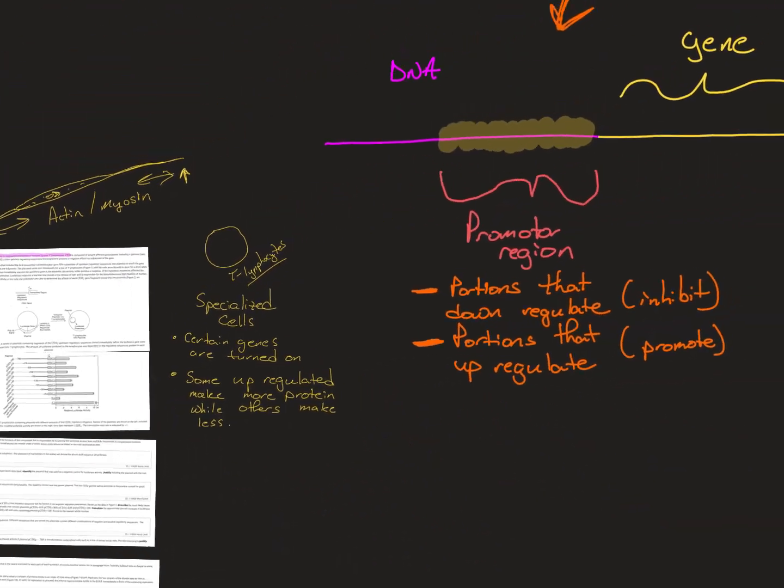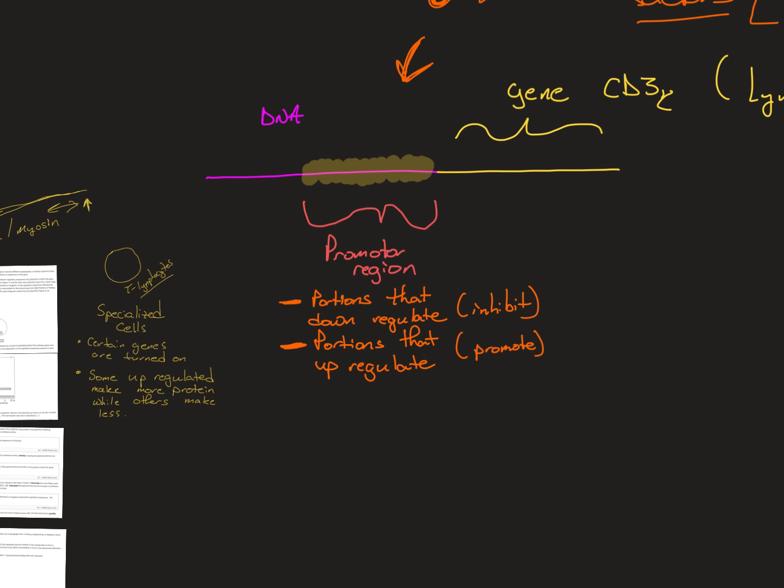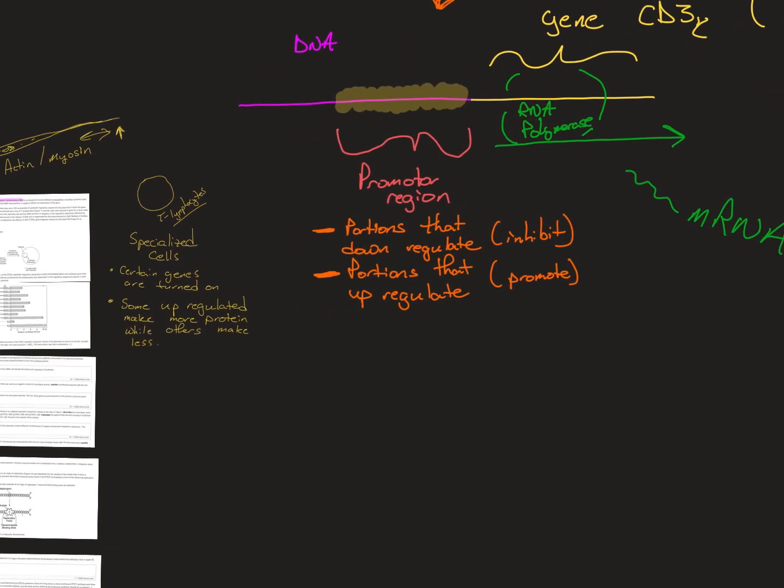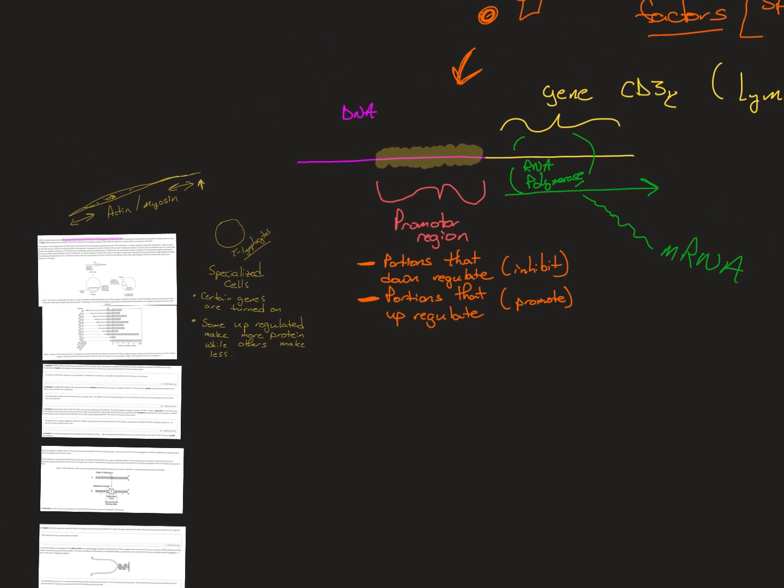I should tell you, and we talked about it in class, if you're reading in this direction and making mRNA, if RNA polymerase is reading this DNA and making mRNA as it reads it, then this part down here we call downstream, and up here we call upstream.